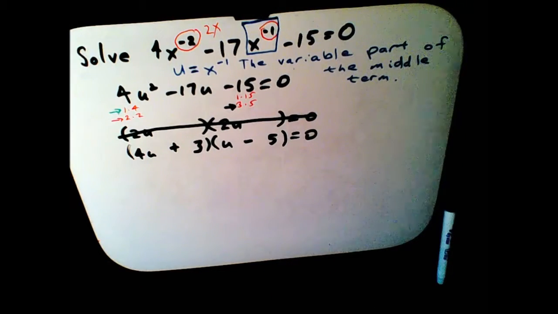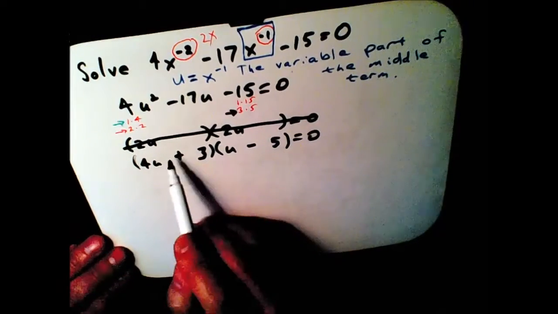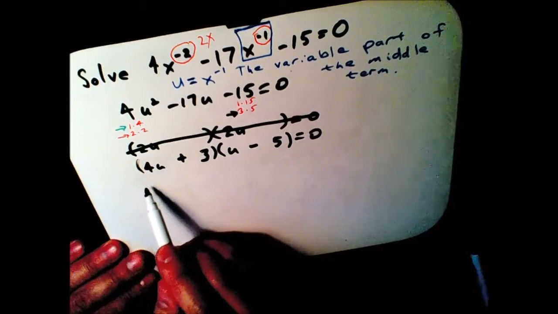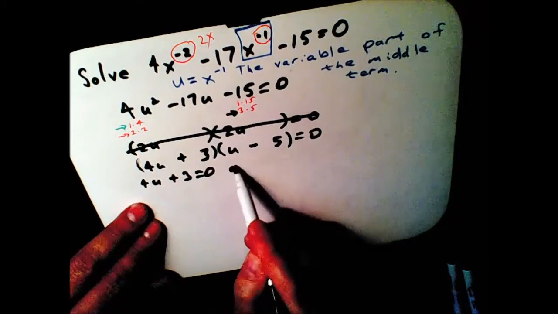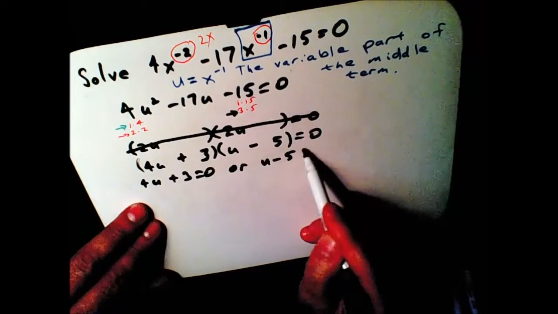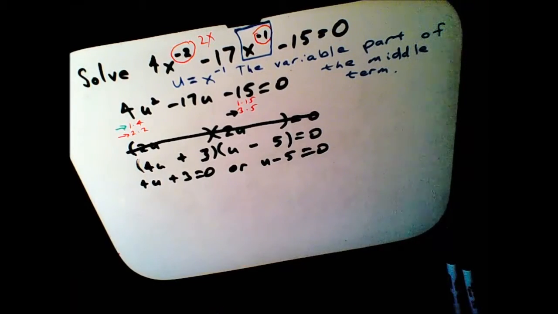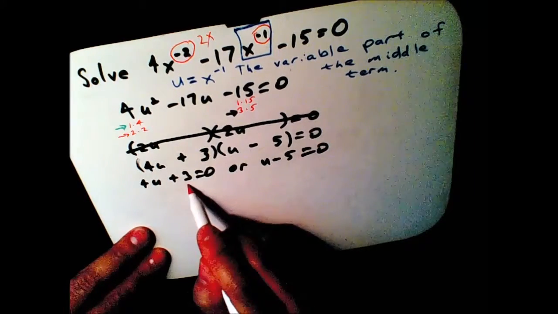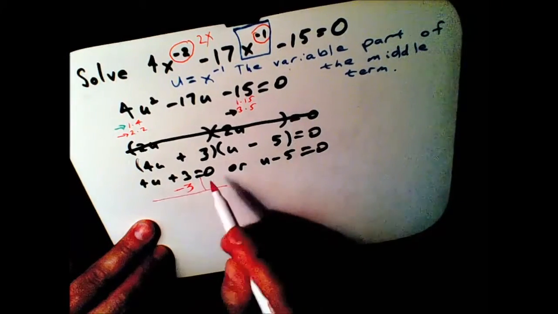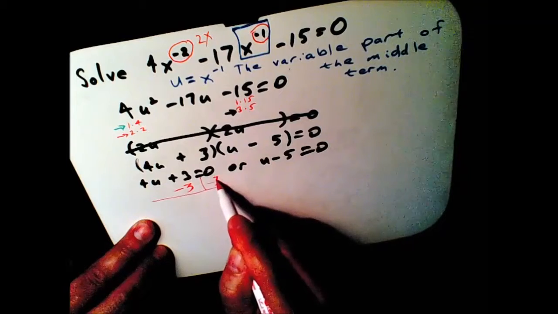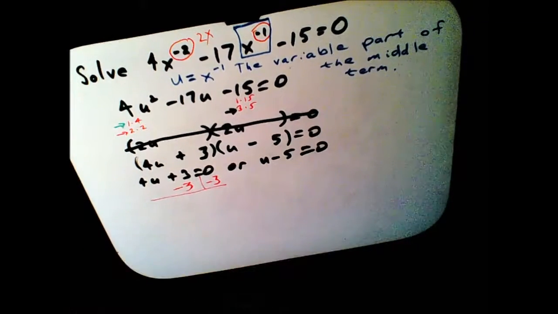So we'll solve this by setting each factor equal to 0, the zero product property. 4u plus 3 equals 0, or u minus 5 equals 0. Subtract 3 from both sides: 4u equals negative 3.